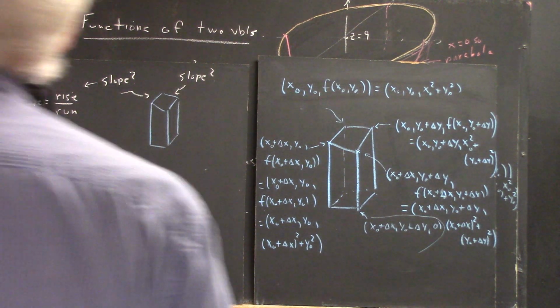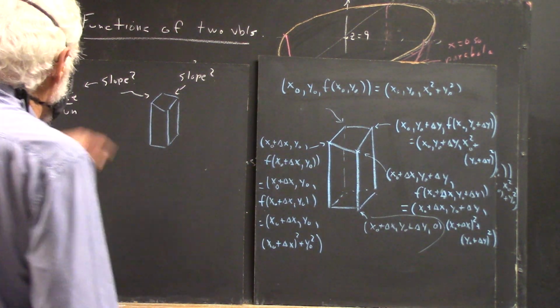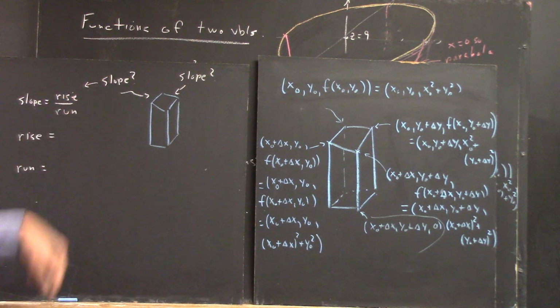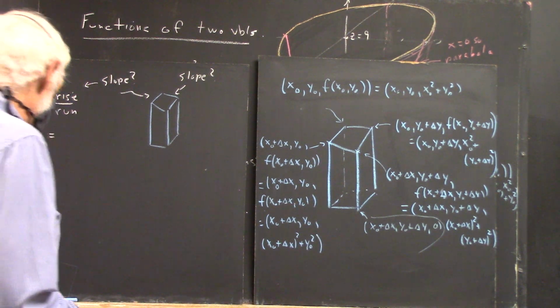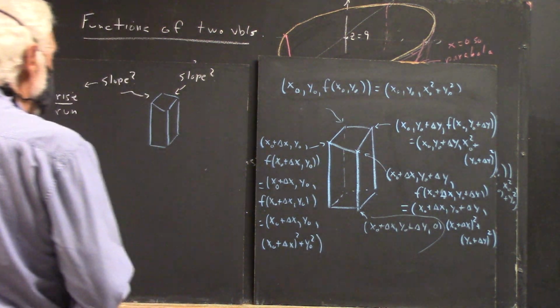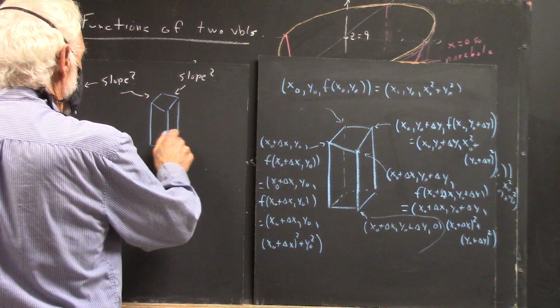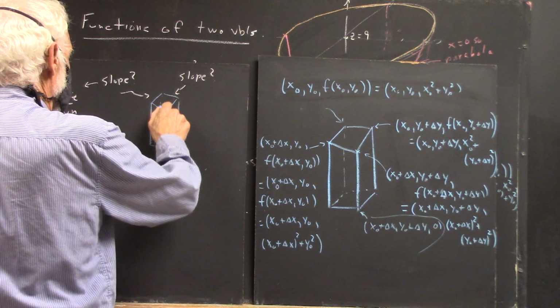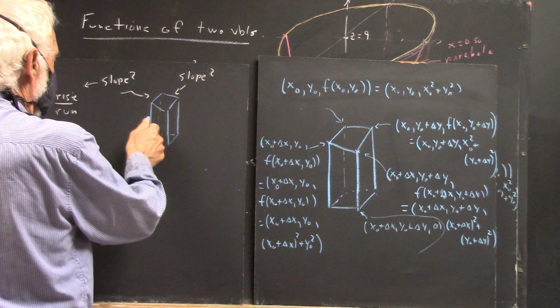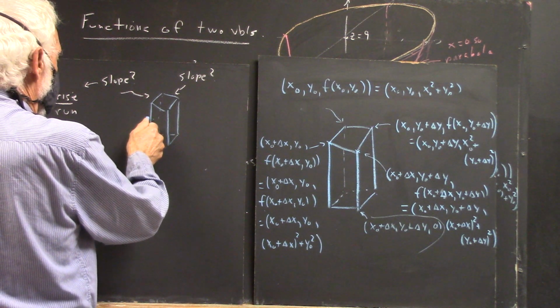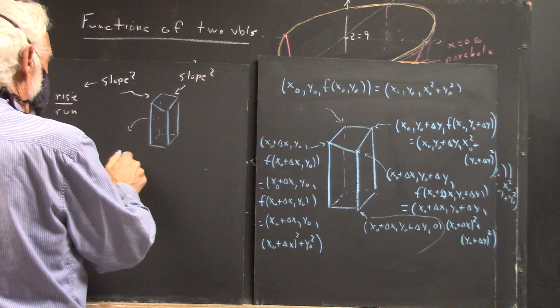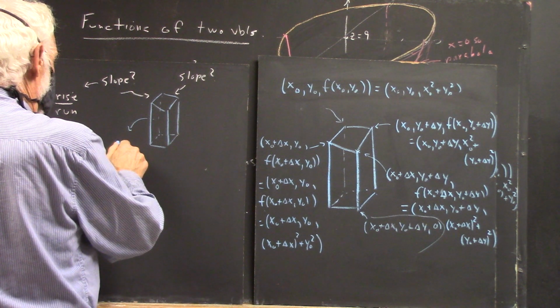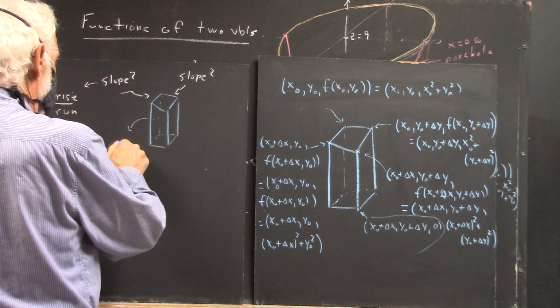Okay, so the slope of this segment is the rise divided by the run. The rise is, well, take this segment here and turn it around.